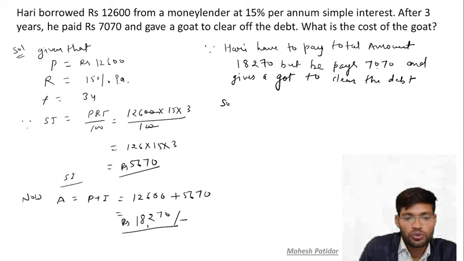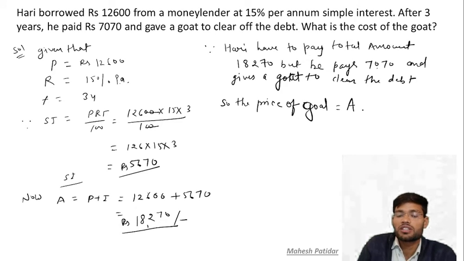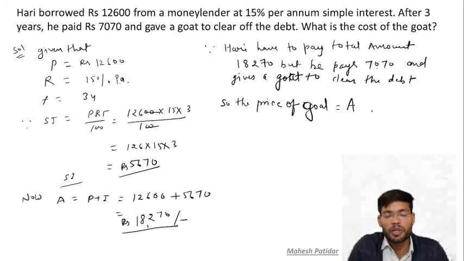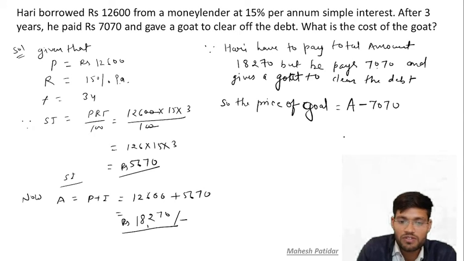So the price of the goat is equal to, when we deduct the money Hari paid from the total amount, that is total amount minus 7070, it will give the price of the goat.